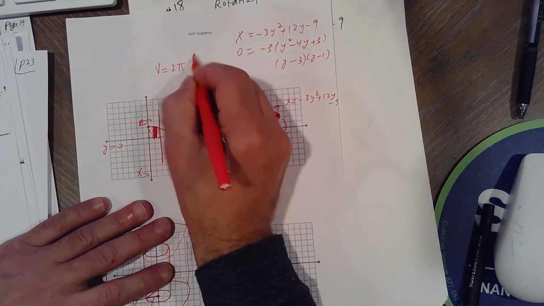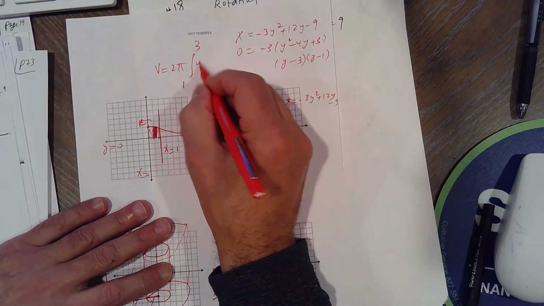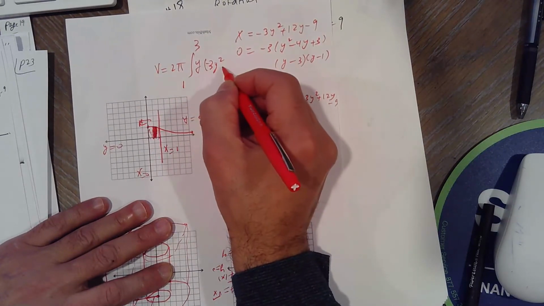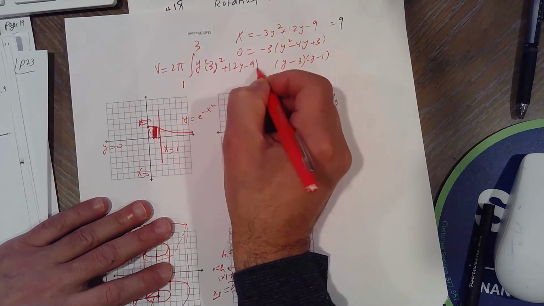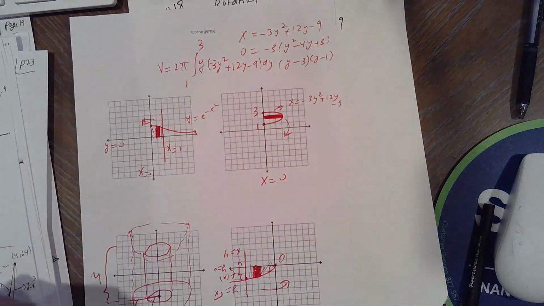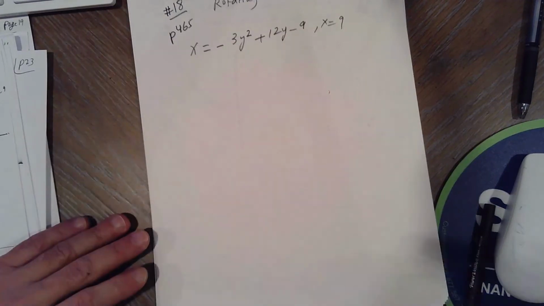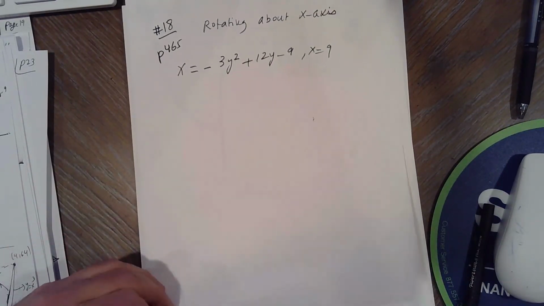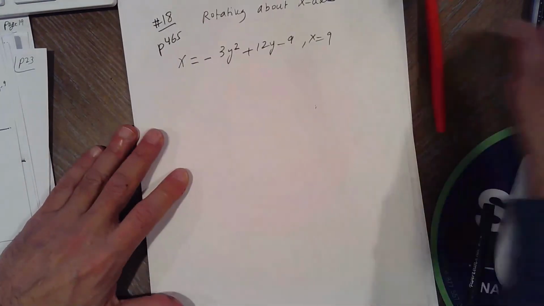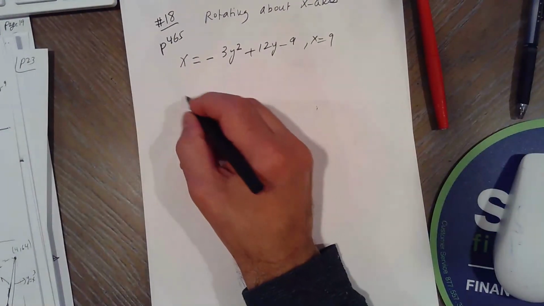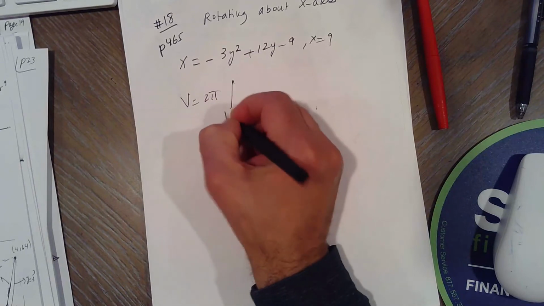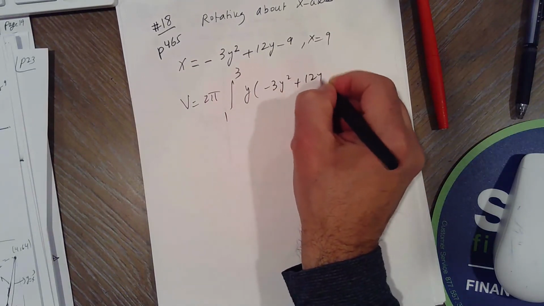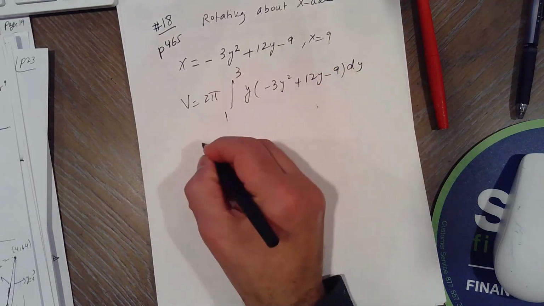So 2 pi integral from 1 to 3 of y times f of y, which is negative 3y squared plus 12y minus 9, dy. So V equals 2 pi integral from 1 to 3 of y times (negative 3y squared plus 12y minus 9) dy.